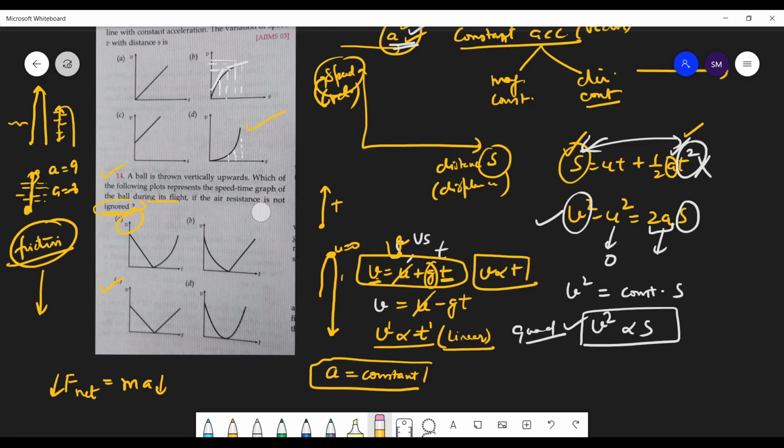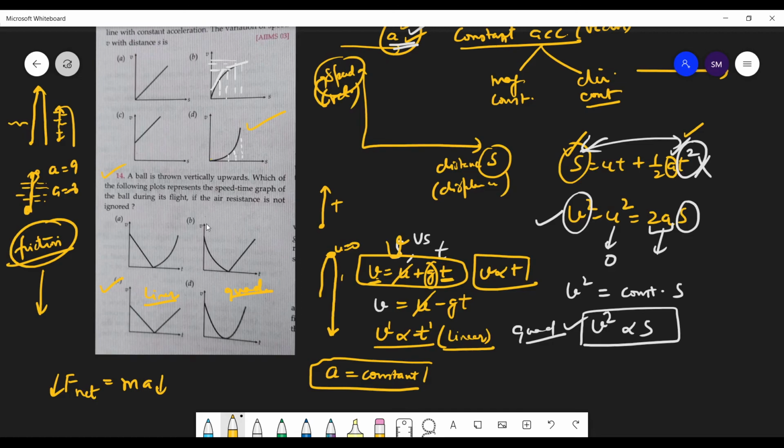But still, we are not sure, but one thing is there, if the relation is linear then this will be the answer, if the relation is quadratic then this will be the answer. Okay, so we'll search more about it. Right now we are considering that.